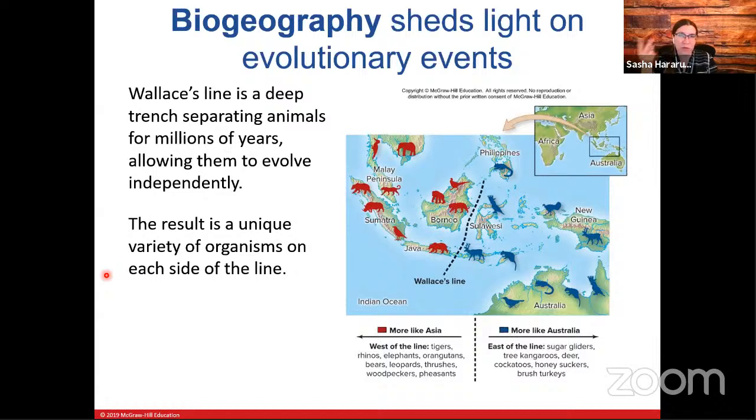So two people came up with it at the same time in Britain. This British naturalist Wallace noticed the unique assemblages of birds and mammals here and here, and found that these islands are in fact separated by a deep trench, which prevents species migration between the islands and interactions.